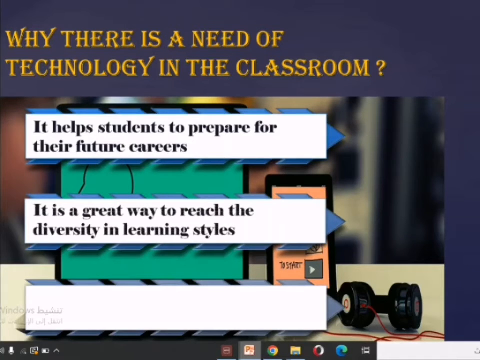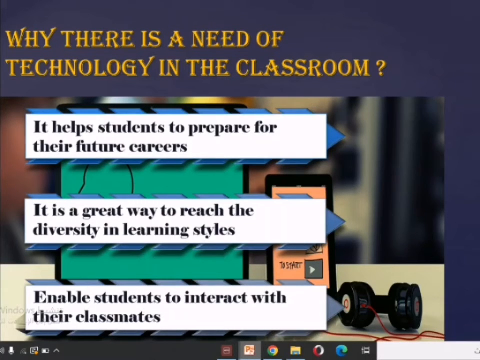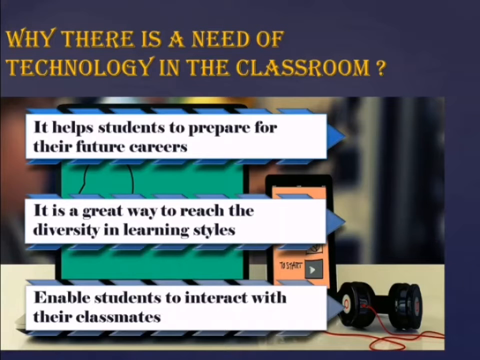In addition, the integration of technology into the classroom is a great way to reach the diversity in learning styles. And it gives the students the chance to interact with their classmates more by encouraging collaboration. As well, there are more reasons for technology to be important in our classrooms.